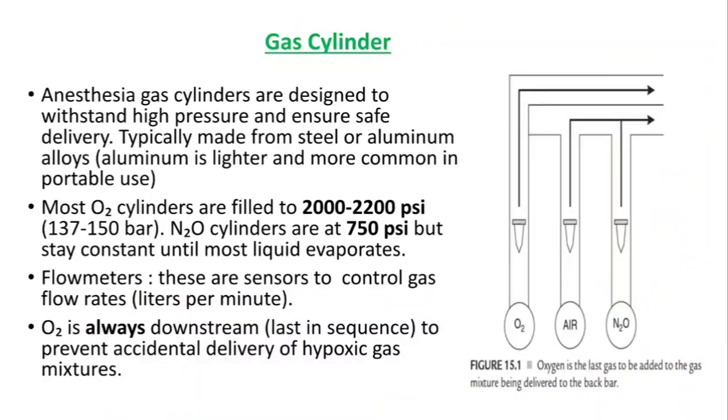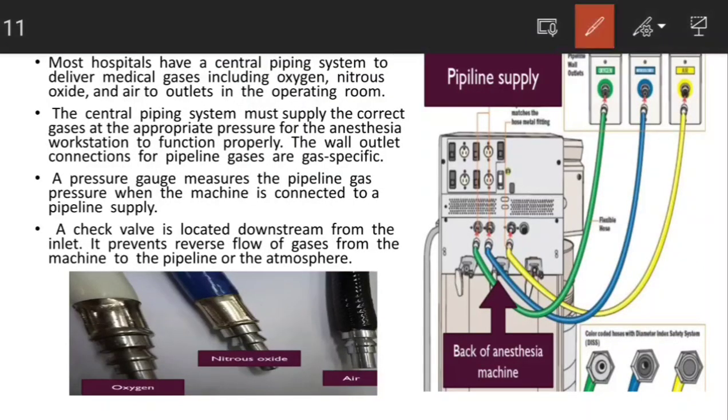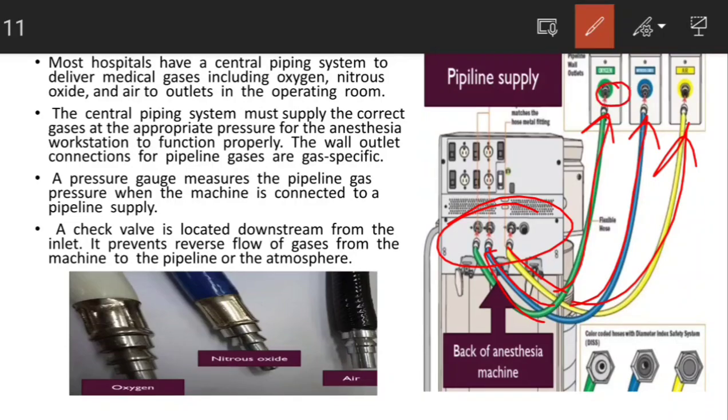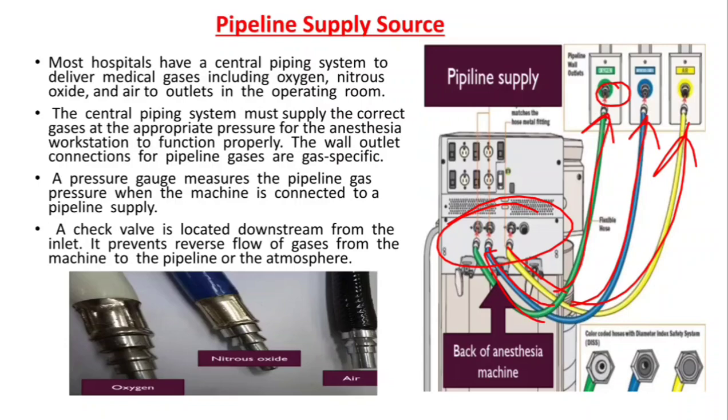Now the pipeline supply source. At the back of this anesthetic machine, you can see different ports, and different pipes are attached to it. These pipes are attached to the pipeline wall outlets. Now what is this? Let's have a look at where the gases are coming from.